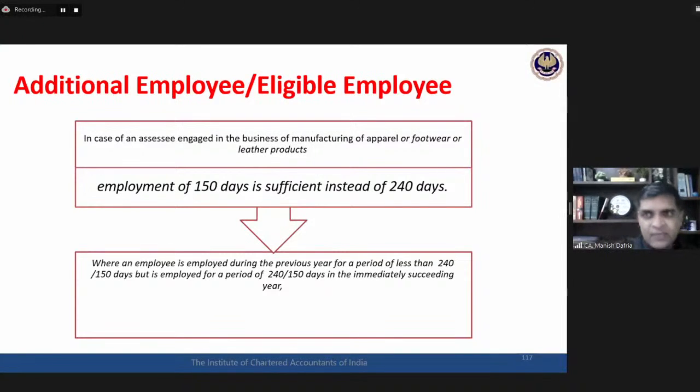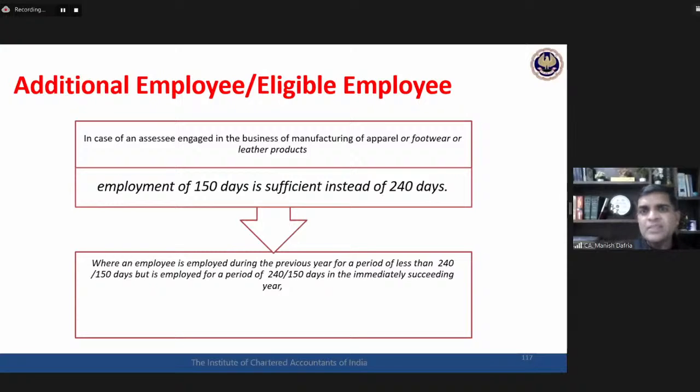In the year in which he completes that 240 or 150 days period, the deduction starts. In the first year, the employee does not complete the period; he completes it in the second year. So his deduction would start from the second year: second, third, and fourth year deduction would be available.